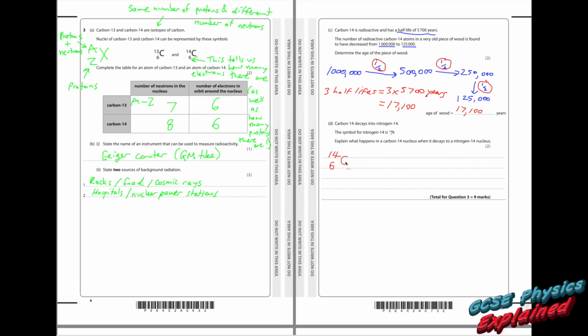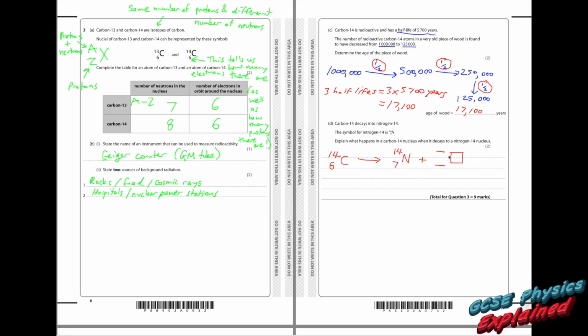So we've got this, and it's going to decay, and we know that it's going to turn into nitrogen, which is 14,7. Now, we're also going to get something else produced.